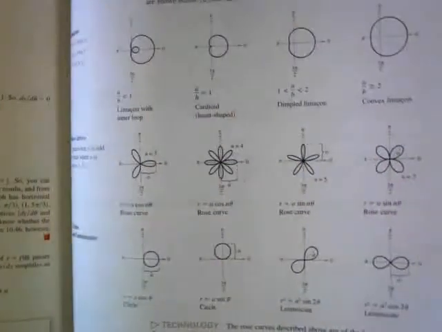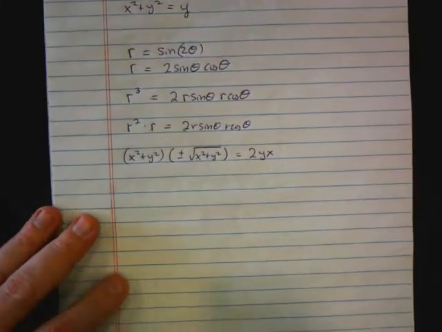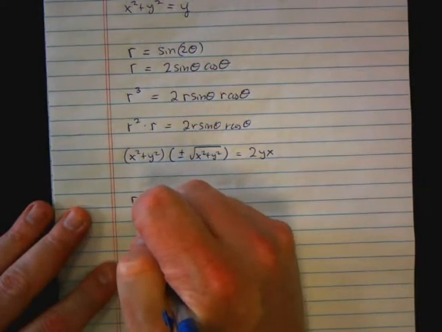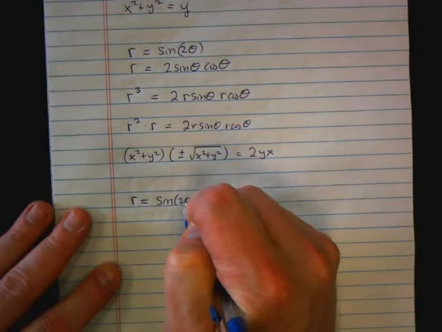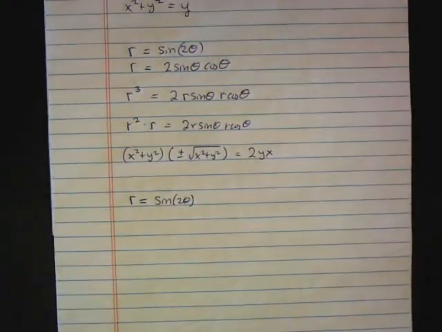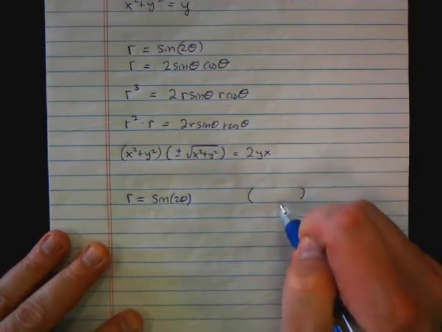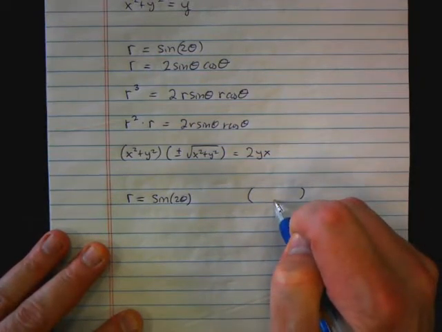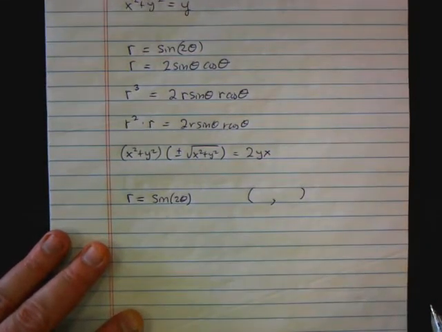All right, the last thing we have in this section is derivatives. Let's say I give you r equals sine of 2 theta. Should have copied a problem out of the book.